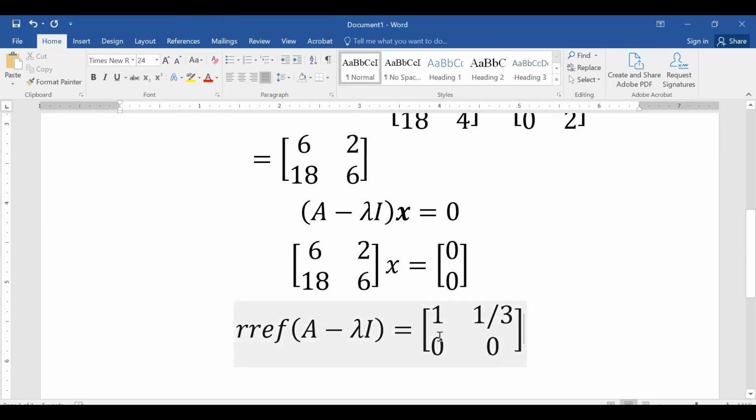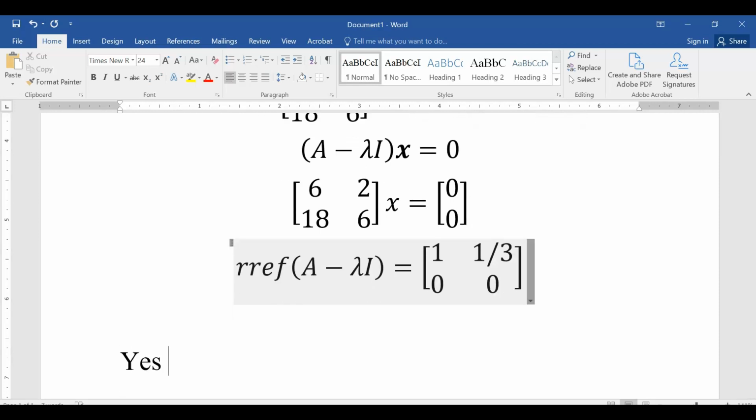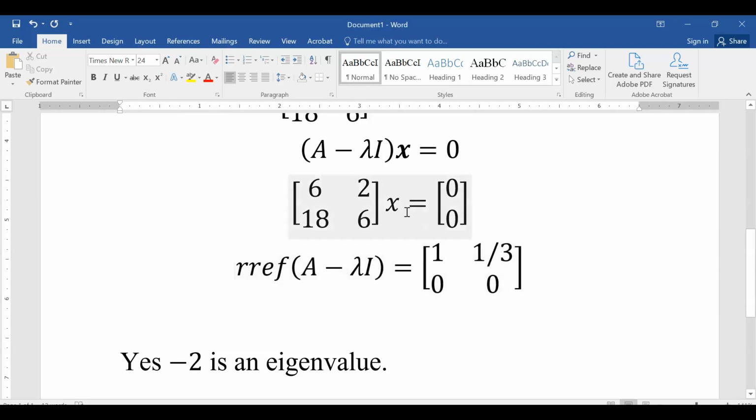So yes, -2 is an eigenvalue. Moreover, the eigenvector is going to be this x, which is just some solution to this homogeneous matrix equation.